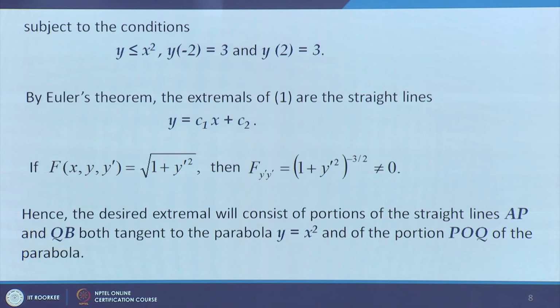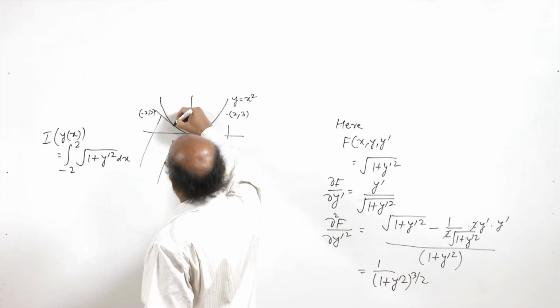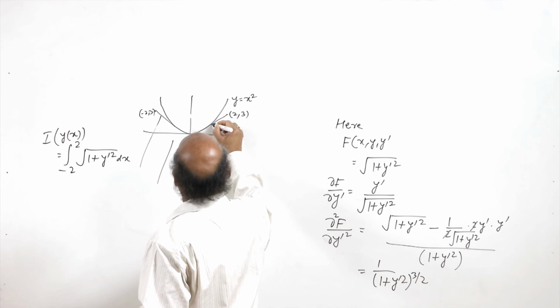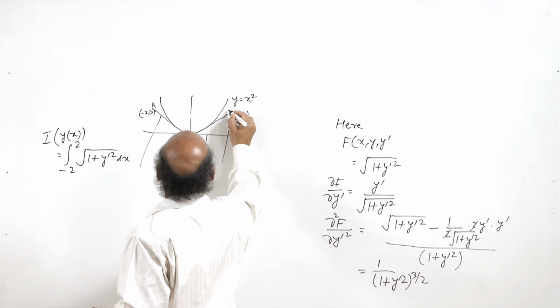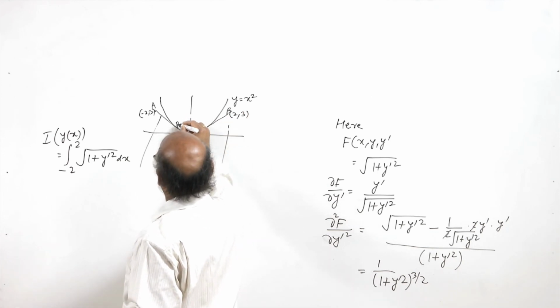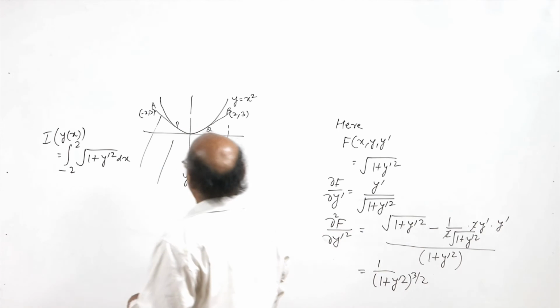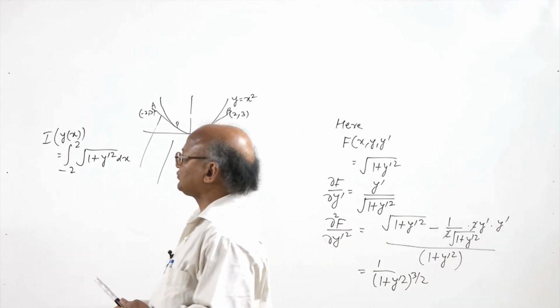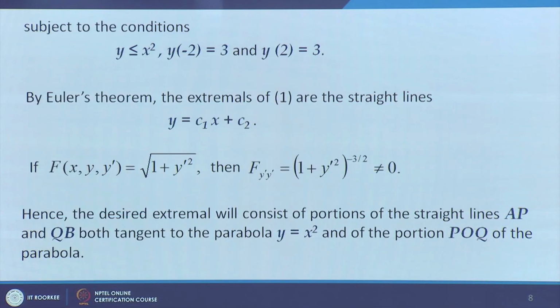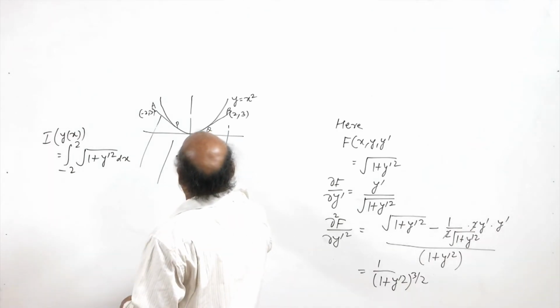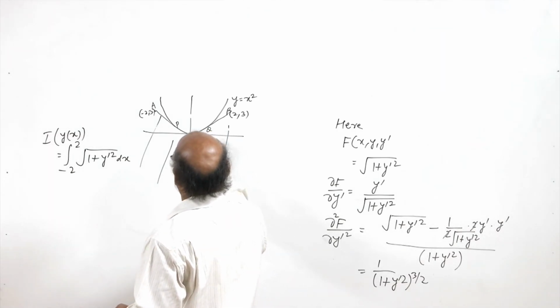So what will happen is this will touch, this is let us say A, this is B, this is AP, this is BQ. So the extremal will consist of the portions of the straight line AP, QB both tangent to the parabola y equal to x square, and of the portion POQ.